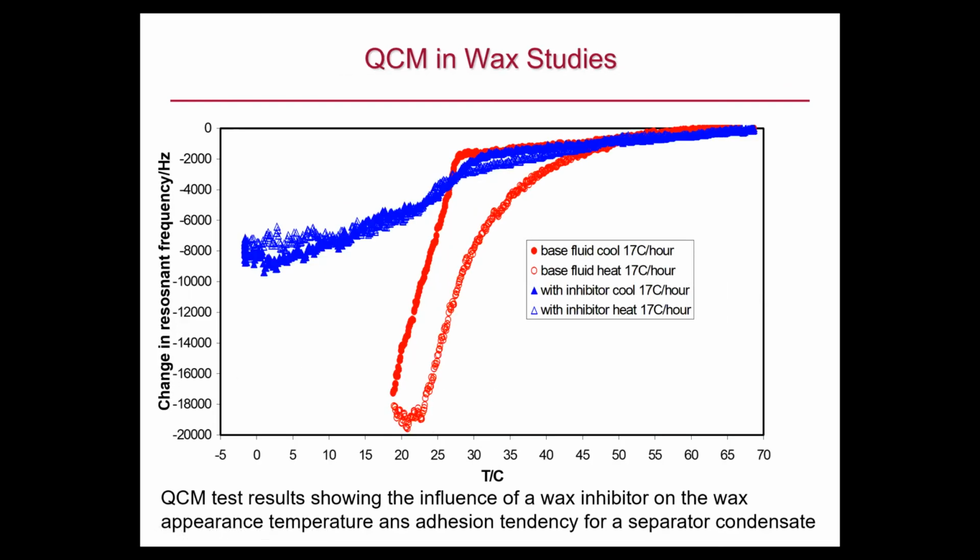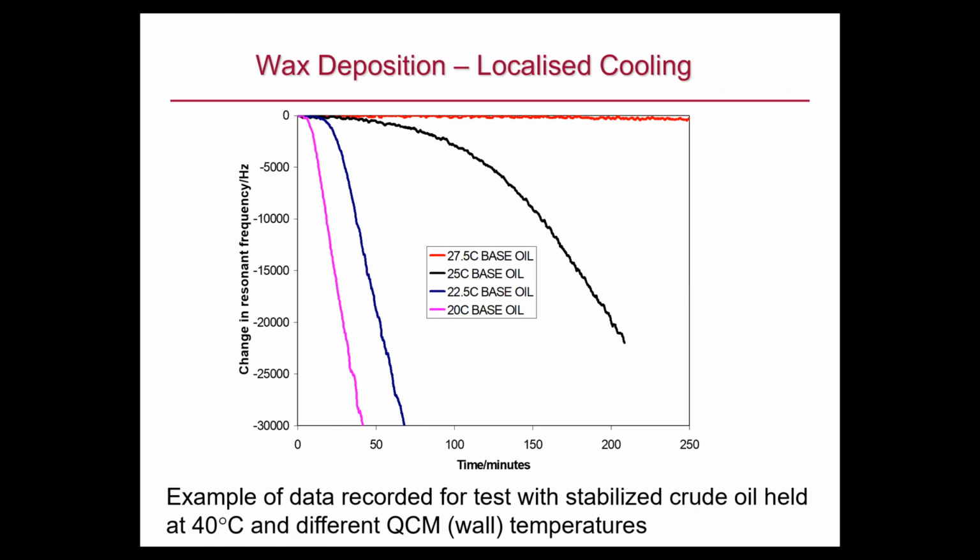This is another inhibitor that reduces wax deposition. You see that here, the point of wax appearance and disappearance doesn't change, but the amount of deposition changes, so less wax sticks to the wall. And this is further investigation of wall temperature difference.